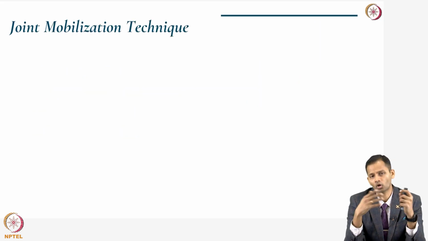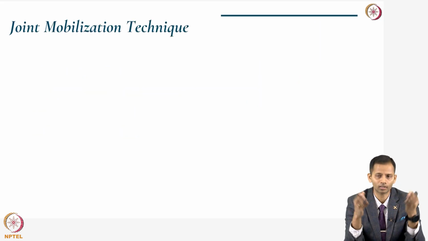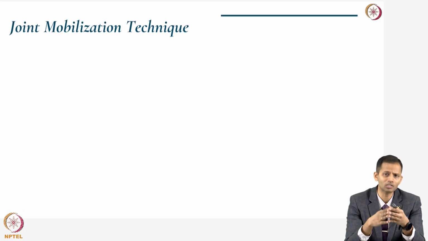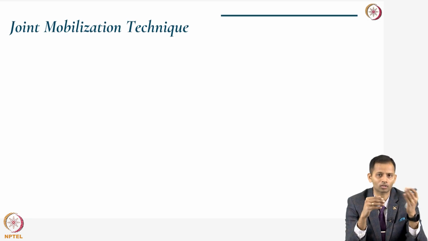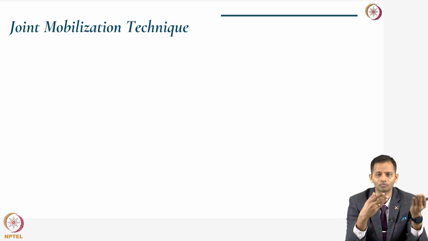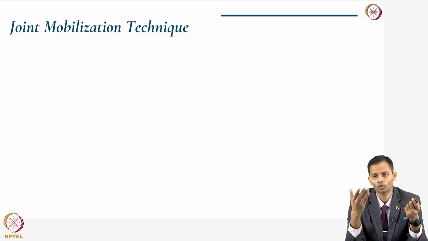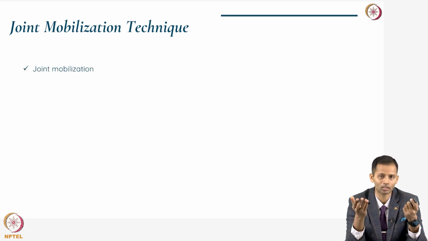Generally, it is advised to use it post-exercise. Joint mobilization technique, again, is used in conditions involving the joint or the capsule of the joint, where the joint mobility is restricted because of these aspects. Then we go in for something called the joint mobilization technique.